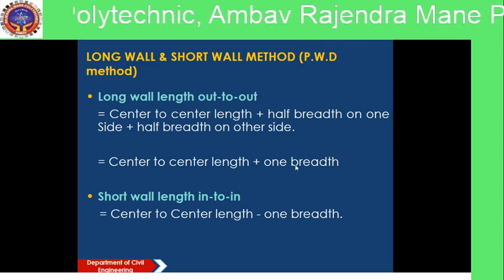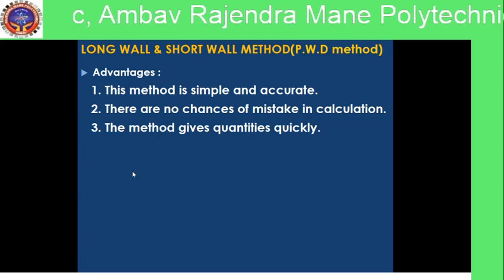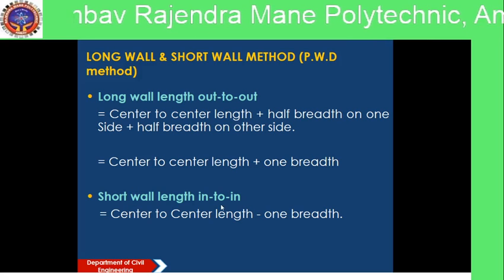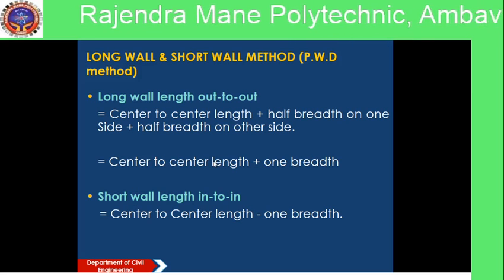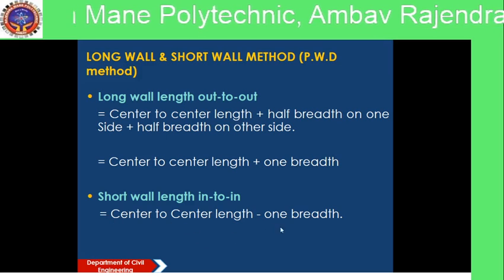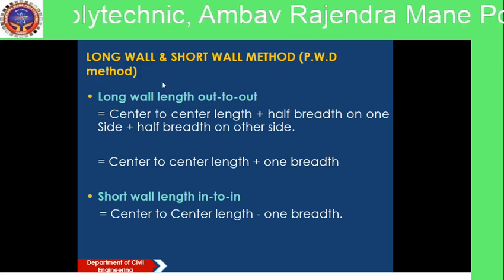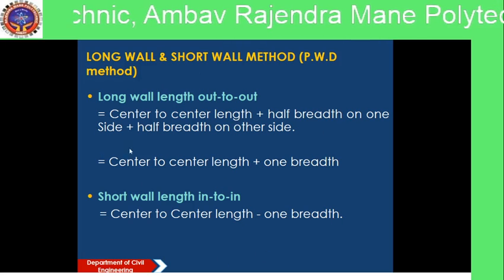In short wall, it is in-to-in, which is equal to center length minus one breadth of wall. So these are the formulas of long wall and short wall.